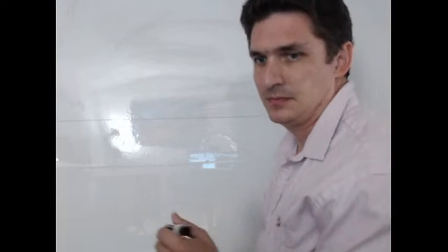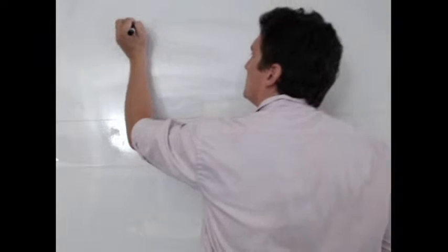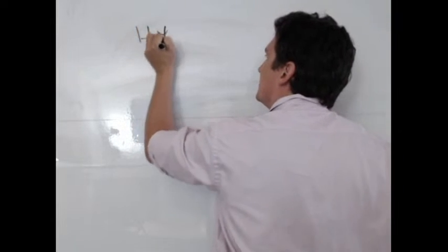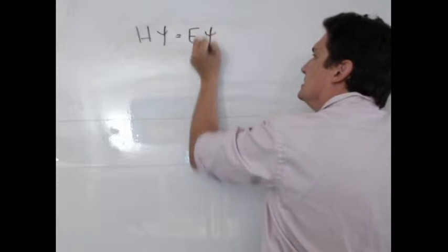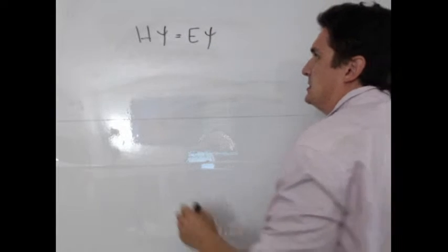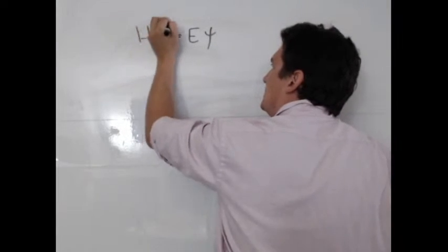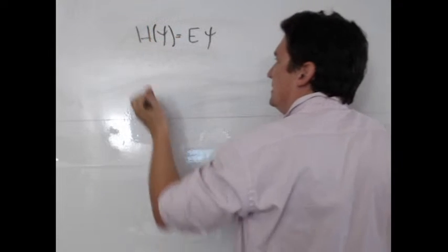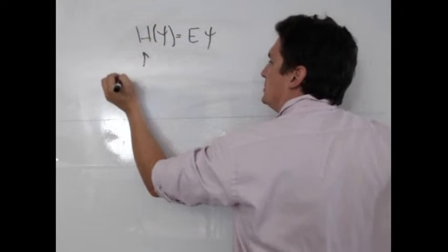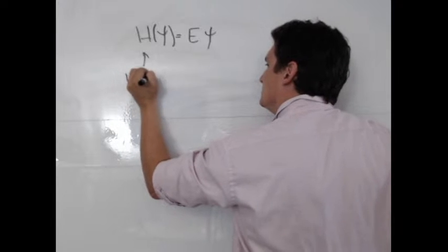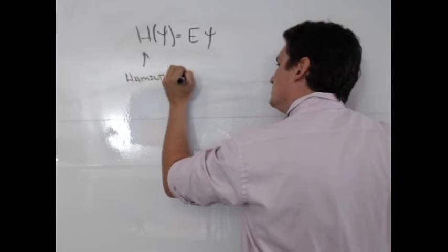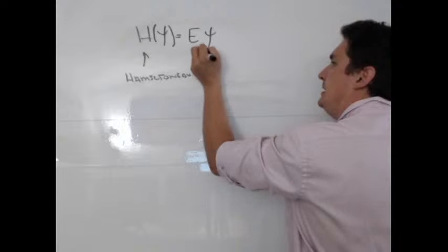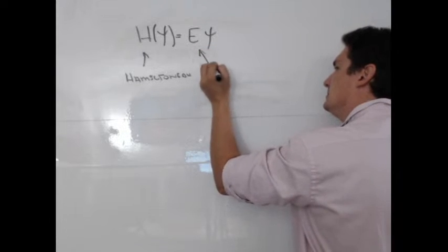So where do quantum numbers fit into this? So we have the Schrodinger wave equation, H psi equals E psi. And I really hate this representation. Really, H is a function. So H here is your Hamiltonian. And E is your eigenvalue.